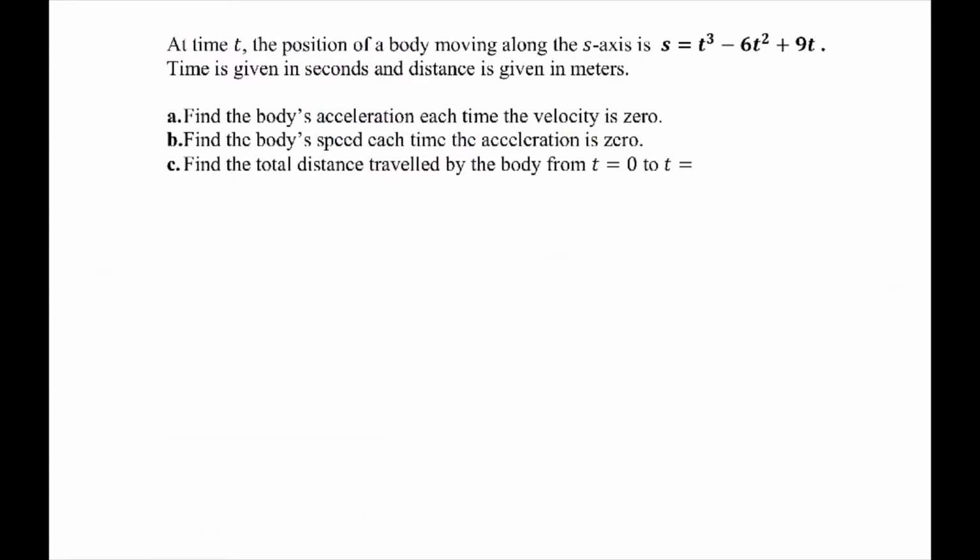Now, second part. We need to find the body's speed each time the acceleration is 0. Remember that the velocity was 3t squared minus 12t plus 9, and the acceleration was equal to 6t minus 12.